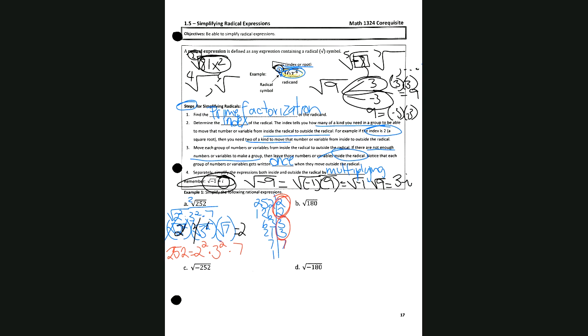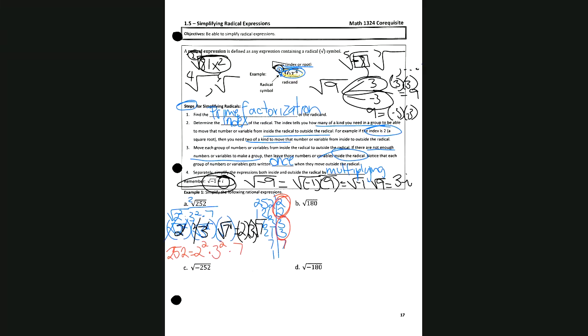Remember 3 squared is 9, so if you were taking the square root of 9, it would just be 3. So that 3 is going to get multiplied here. And now the square root of 7 is here with the exponent of a 1. That one will just remain inside because we didn't have another 7 to group them and have 7 squared. So then that one will remain inside the radical like that.